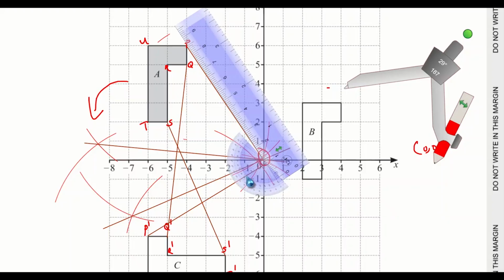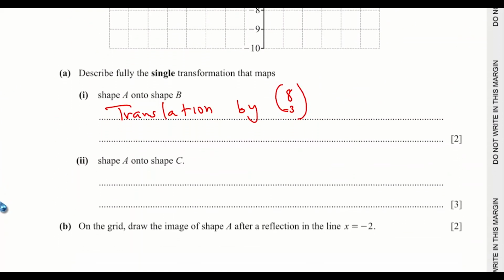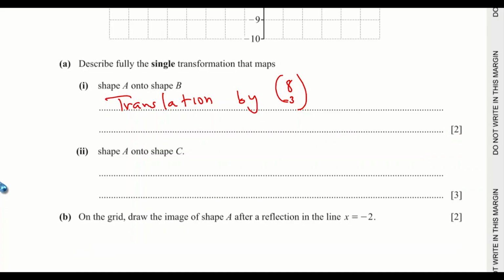Okay, good. I think I'm pretty good now, so I can remove that. I know the angle is 90 degrees anti-clockwise, and you can also say 270 degrees clockwise. So they are equivalent.